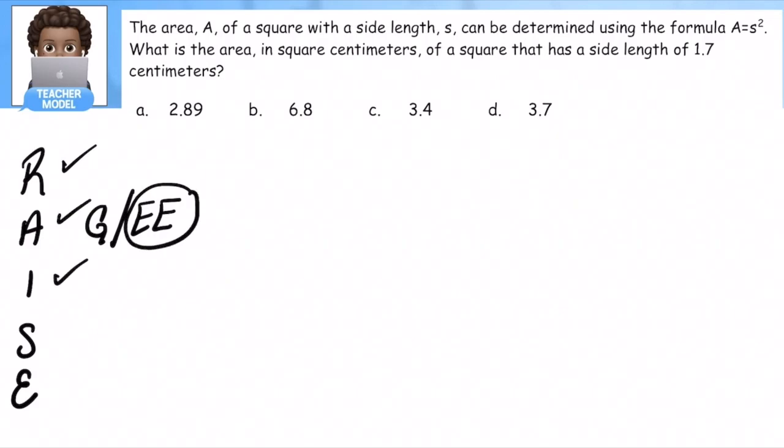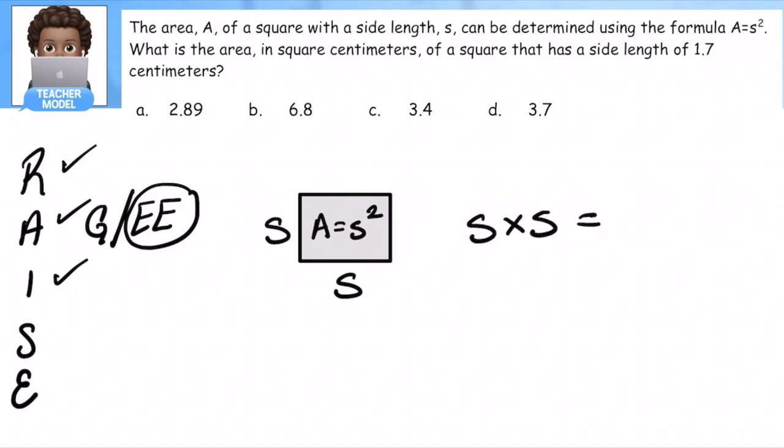So what important information do we have? Well, one, we know we're talking about a square. And we know that when we have a square, the sides are exactly the same, which is why to figure out the area, we do side times side or side to the second power. They mean the same thing.